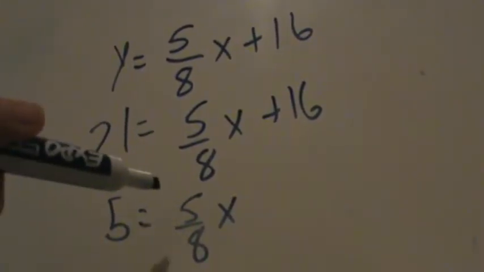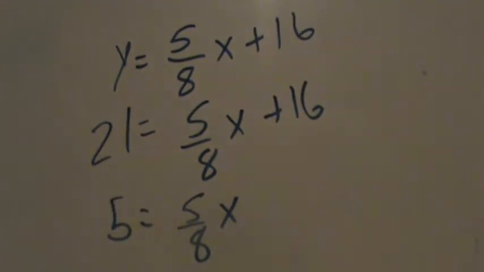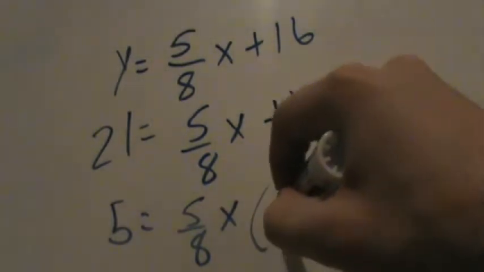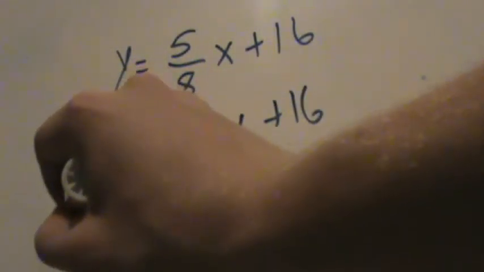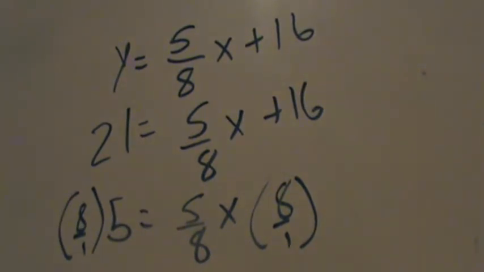This is a fraction, right? So if you multiply this side by 8 over 1 and this side by 8 over 1, you maintain equality.